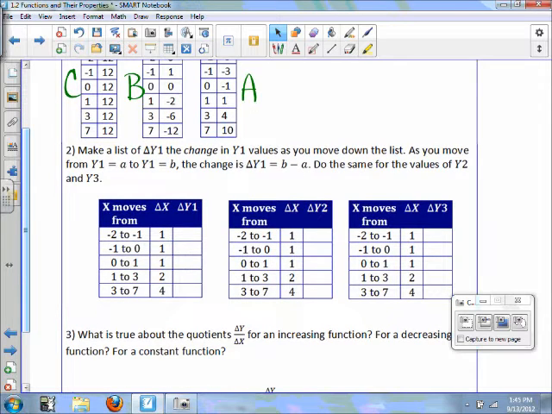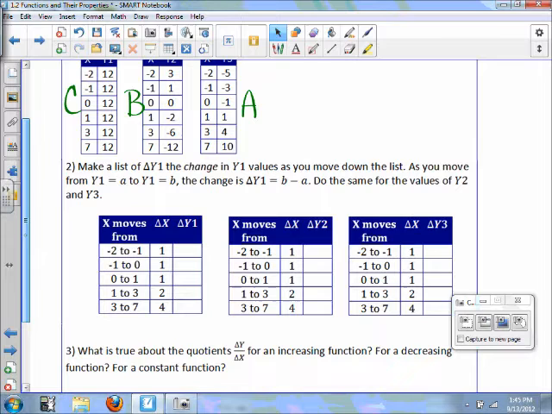Now if you look at 2, make a list of all the change in y1 values as you move down the list. As you move from y1, which equals A, to y2, which equals B, the change is B minus A. Do the same values for y2 and y3. Well, the change from -2 to -1 is 0. The change from -1 to 0 is 0.